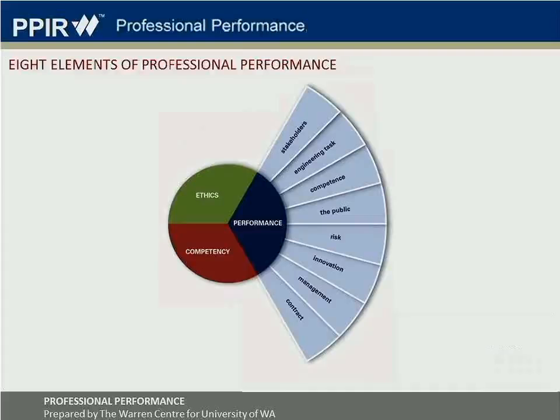Considering the stakeholders, making sure that you understand what the task is, making sure that you're competent for the task, identifying the competence that is required, thinking about the public and other regulators who are actually there to ensure that the public is taken account of in your projects, thinking about risk and making sure that you're trying to minimise risk, and planning ahead for risk that might occur, trying to be innovative, managing your project, and finally, the contract, which in your case is the unit outline, I guess.